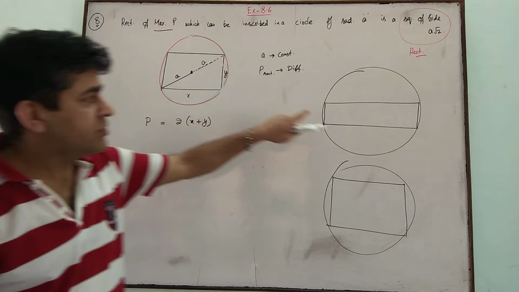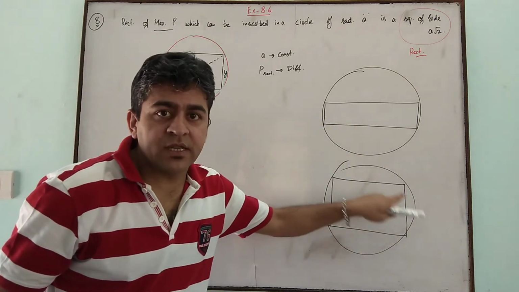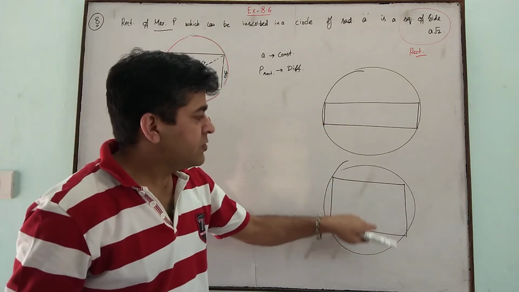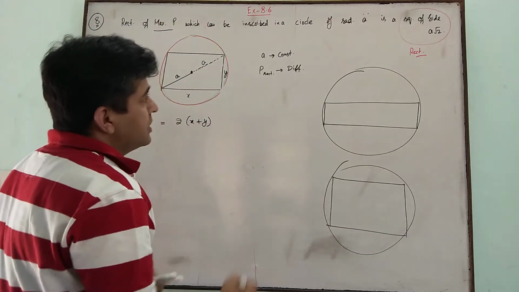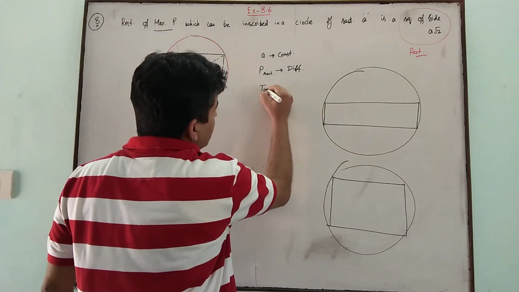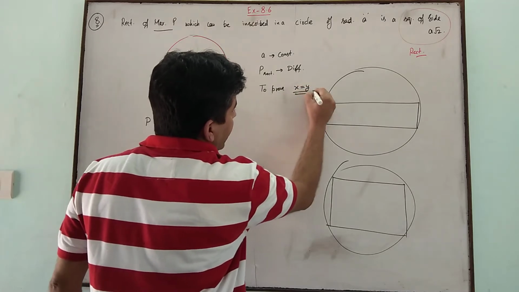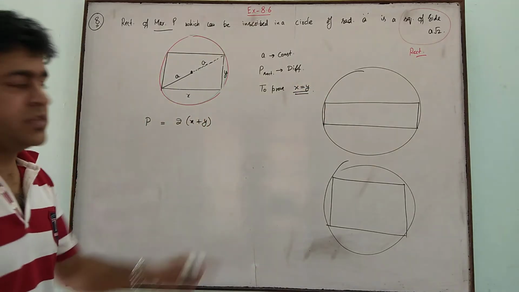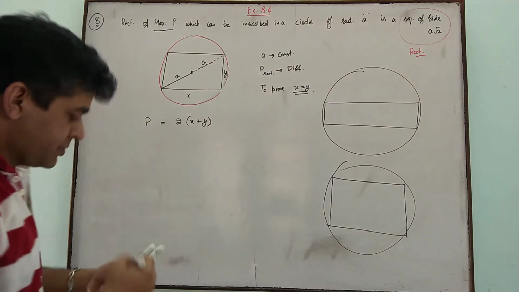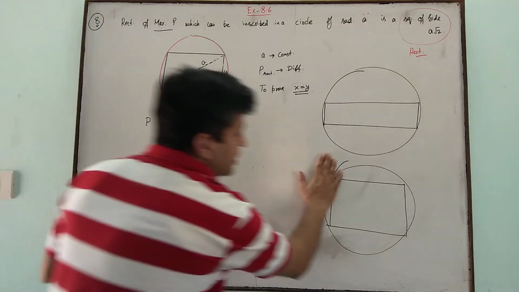That means we need to prove that x will be equal to y, and then the perimeter will be maximum. This is what we need to prove here.